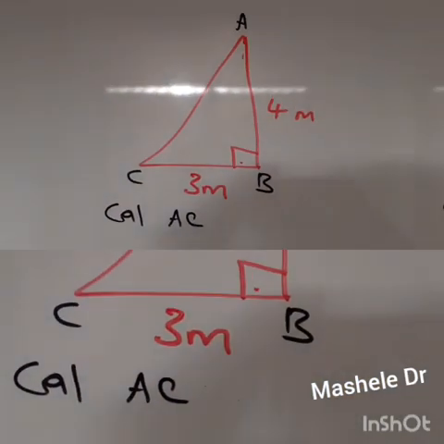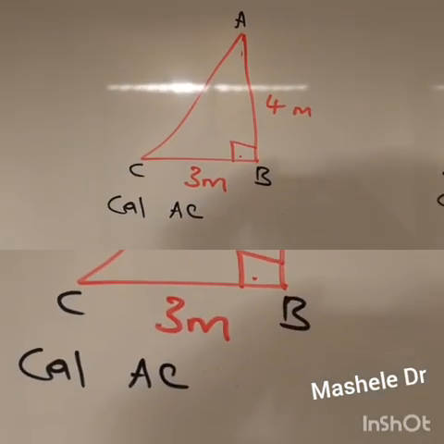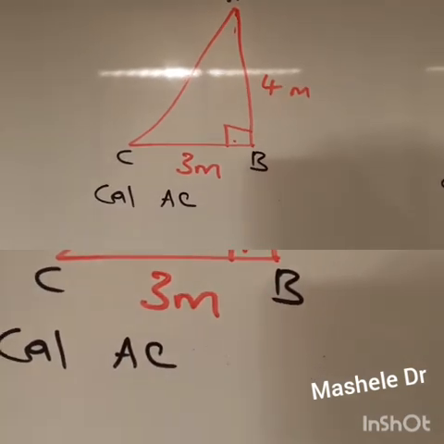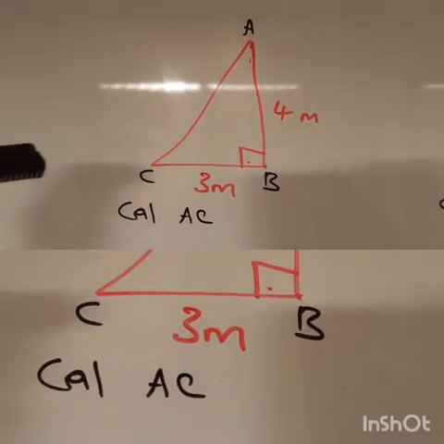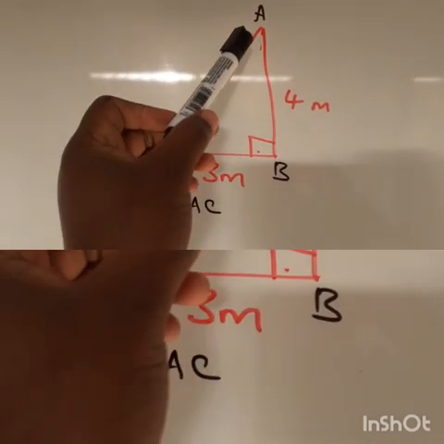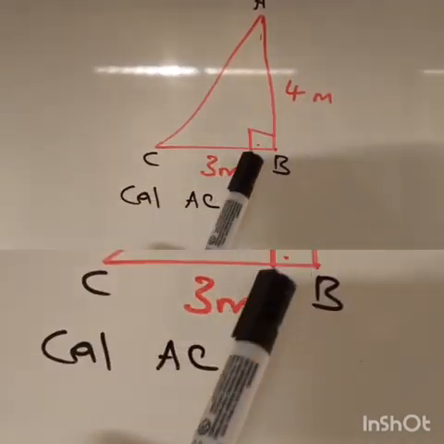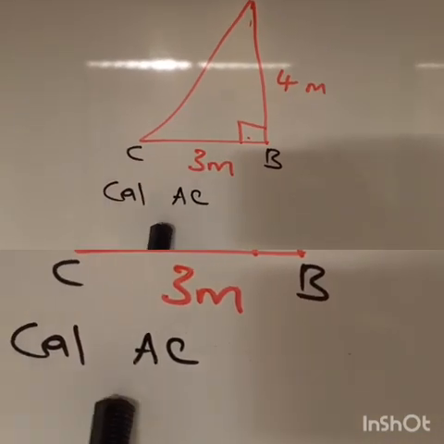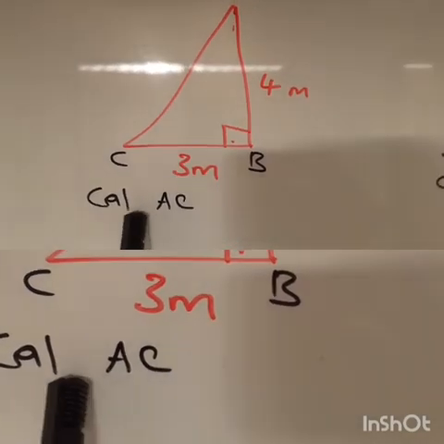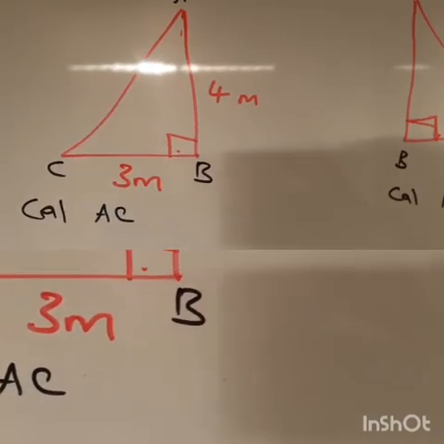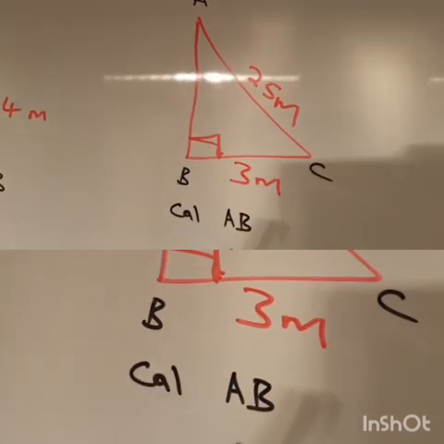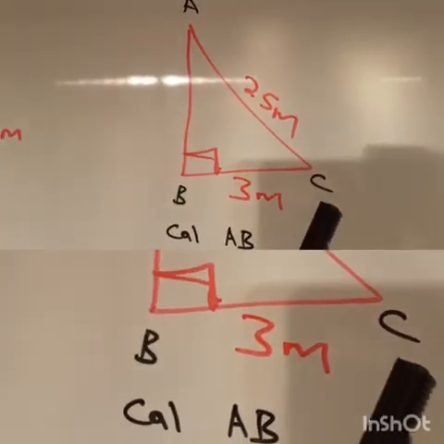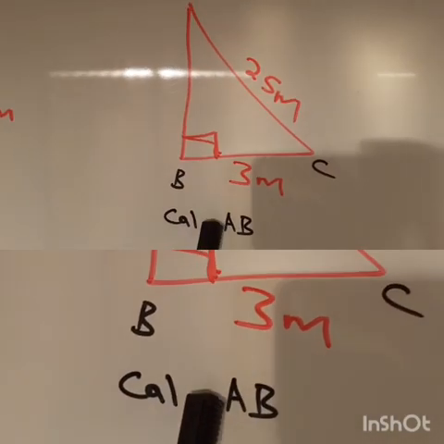In order to conclude this, I'm going to show you 4 different examples. In this case, I have my A, my B, my C. This is my triangle, and I have to calculate for AC, which is the line AC. In this other example, I have my triangle and I'll be calculating my AB.